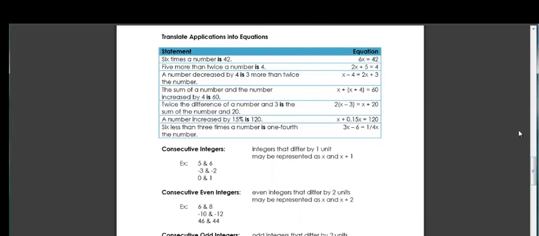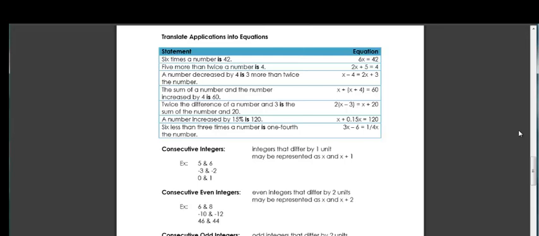Okay, let's go on to the next box where it's translate applications into equations. So this is pretty much what we've been doing, only now instead of just getting expressions, we're actually going to get equations. So we have equal signs. These are things that we can actually solve in order to get an answer. So the first statement says 6 times a number is 42.